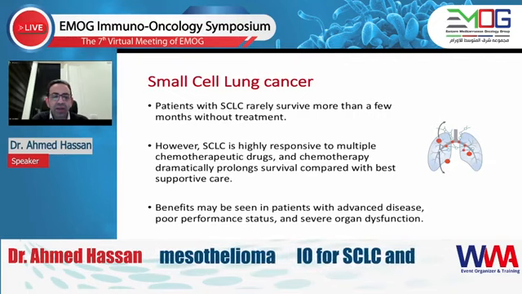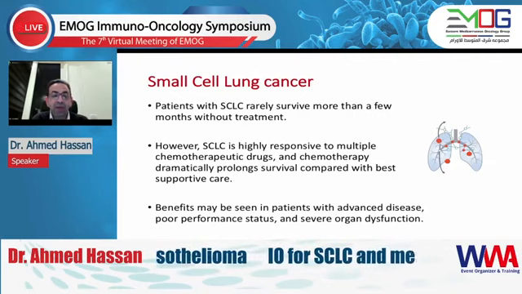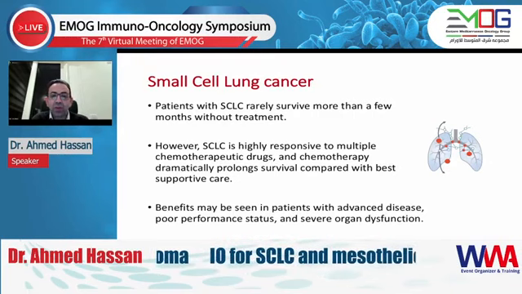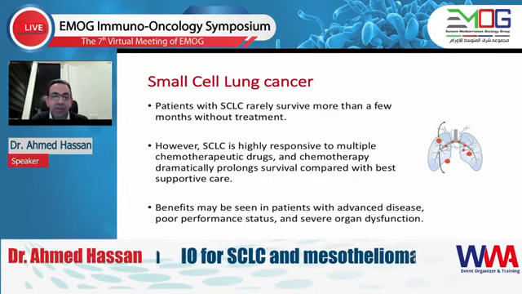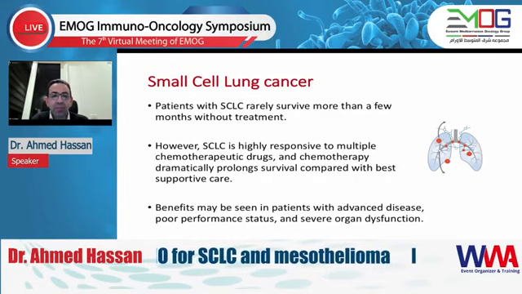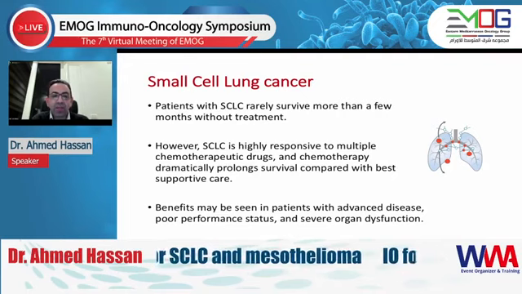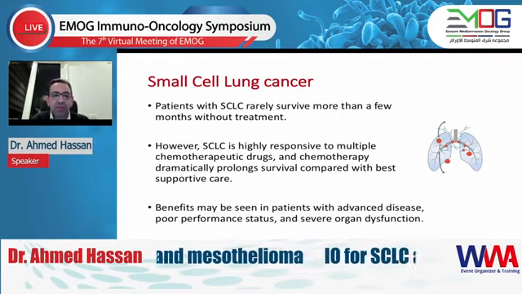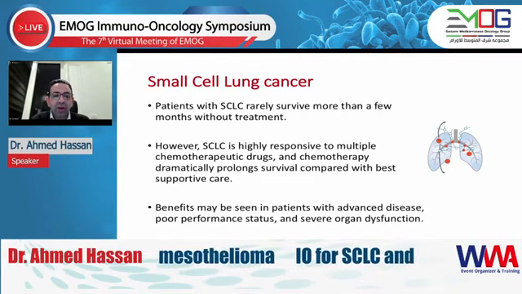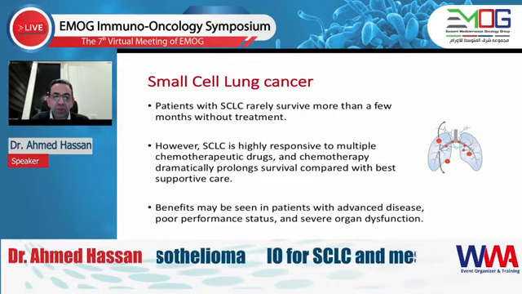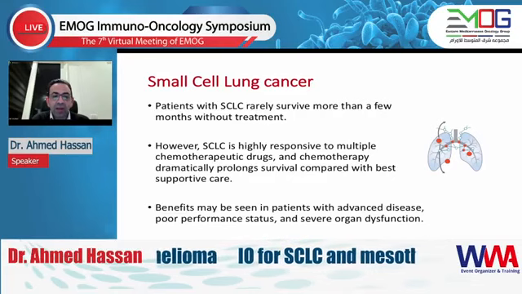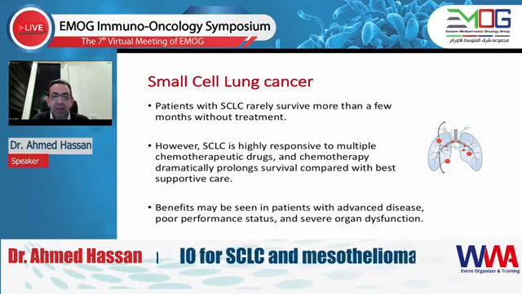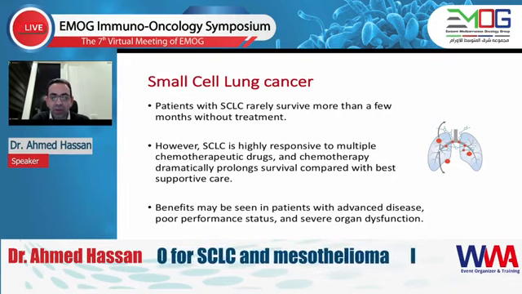Patients with small cell lung cancer have an adverse prognosis, unfortunately. If they are not treated, survival is usually counted in weeks or even days. Some reports say best supportive care gives patients around 60 to 90 days, sometimes less than 3 months. However, they are highly responsive to systemic treatment, to chemotherapy. You can sometimes see dramatic improvement in the scans and the clinical picture of the patient with even 1 cycle of chemotherapy.